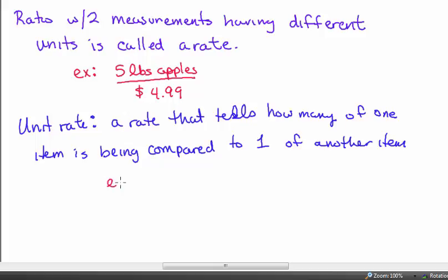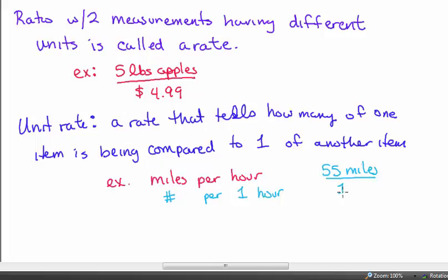You are probably most familiar with this: miles per hour. There's some number of miles per 1 hour. So 55 miles over 1 hour.